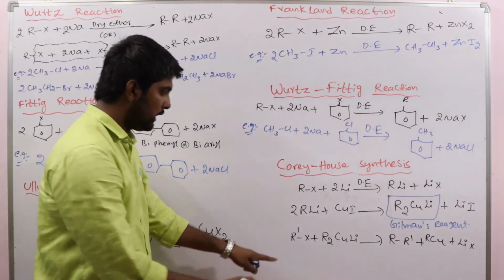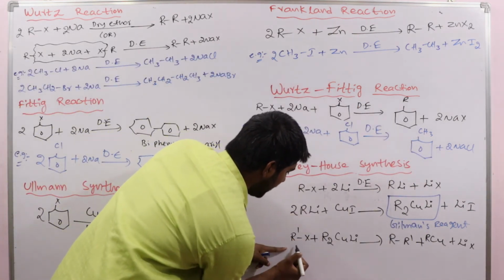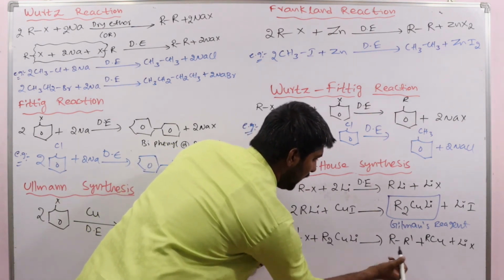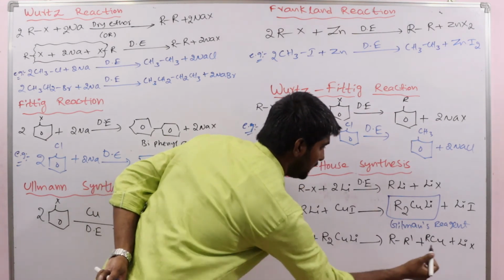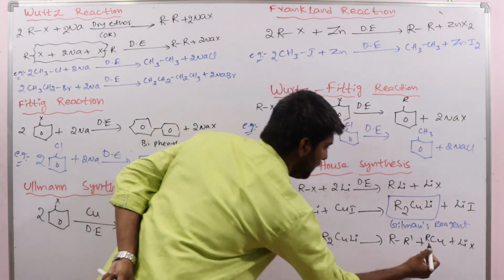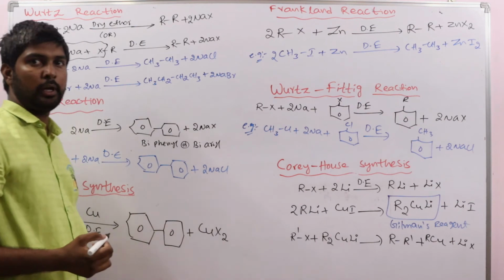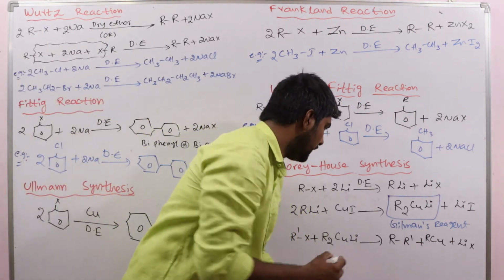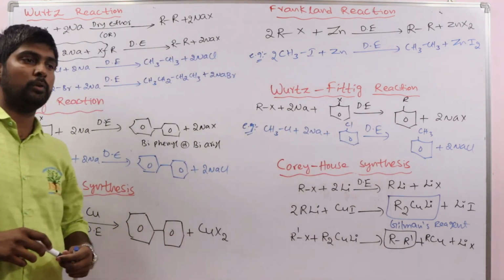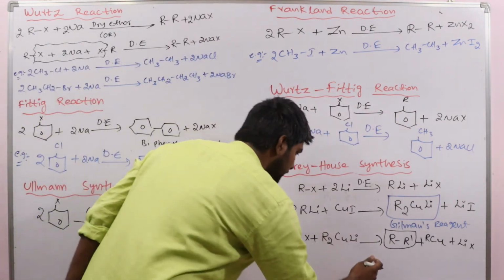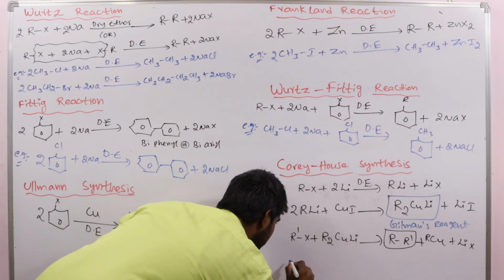Okay, so here one of the alkyl groups reacts with the other alkyl group, so we get R-R dash, and this X is removed along with the lithium as LiX, and we have RCu. So this is our major product which we are discussing here. Okay, so this reaction can be given in this way also in the entrance examination.